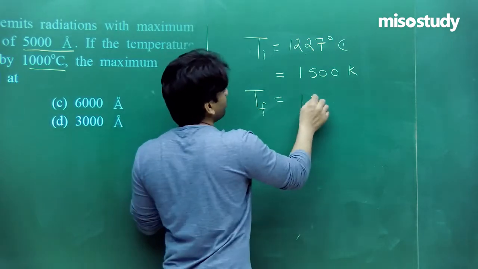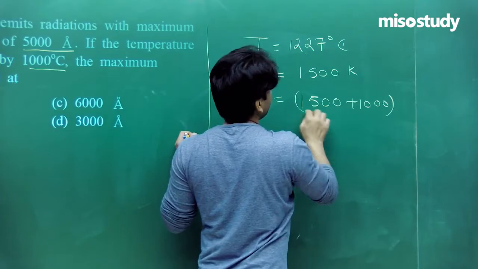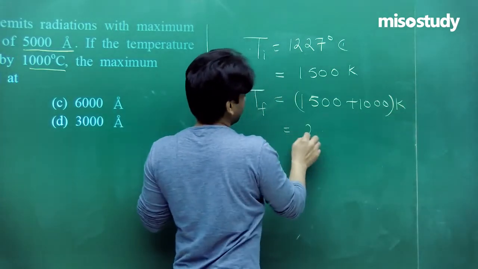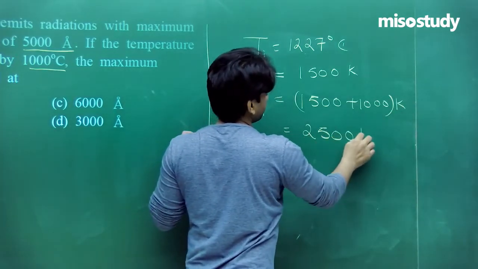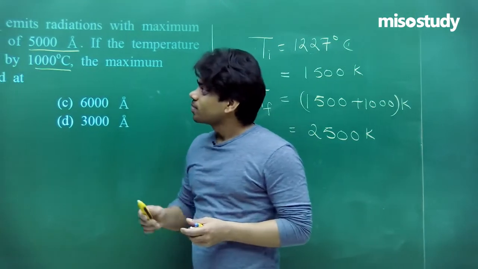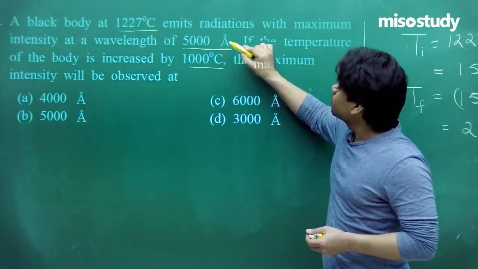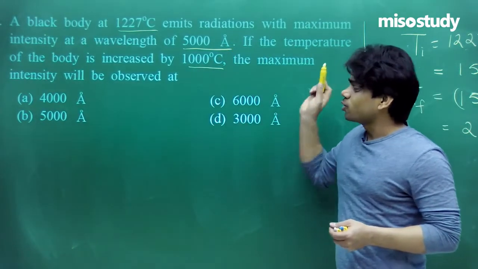So the final temperature will be 1500 plus 1000, 2500 Kelvin. The maximum intensity is at a wavelength of 5000 angstrom.